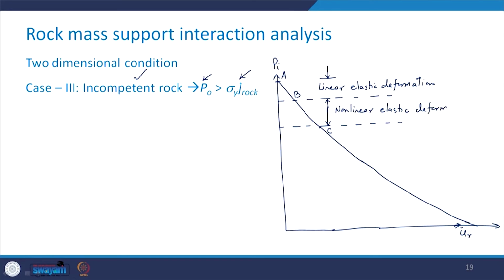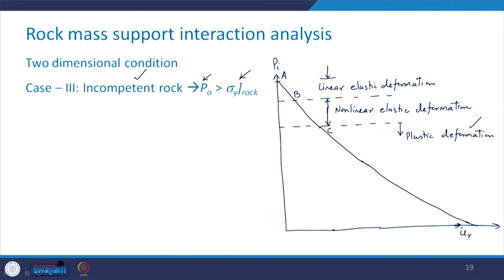So, it is non-linear elastic deformation. But what happens beyond C is the plastic deformation. So, this is the difference between case 2 and case 3. That here in this case we are having some plastic deformation as well.